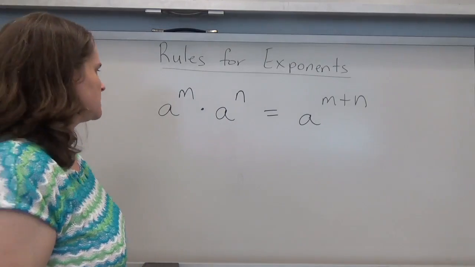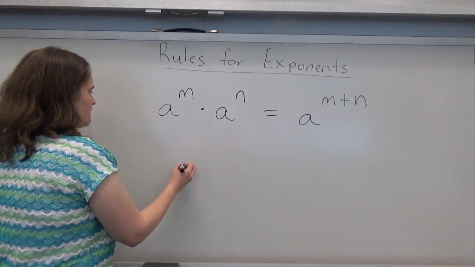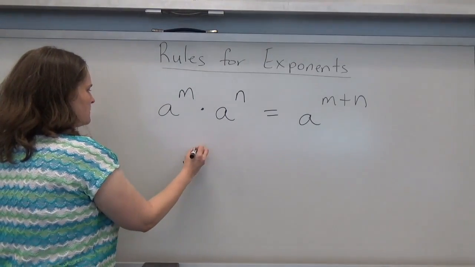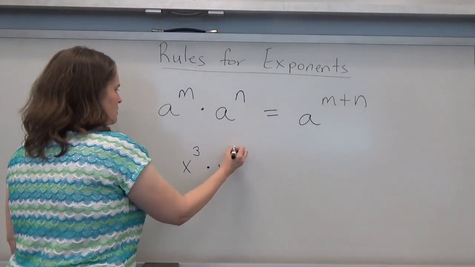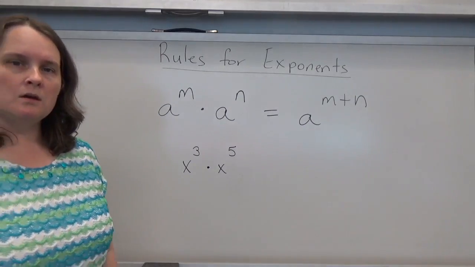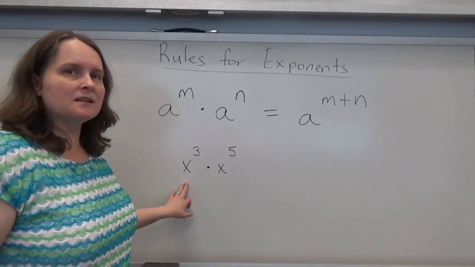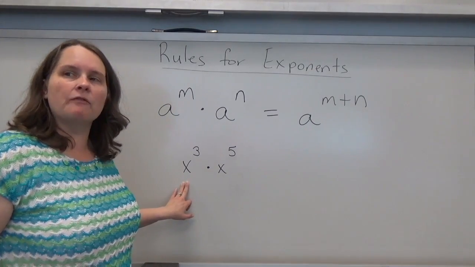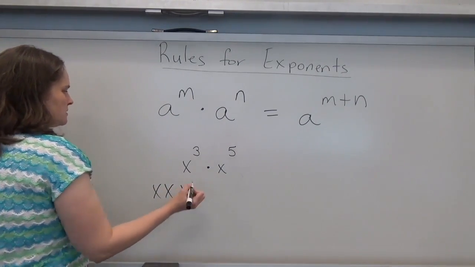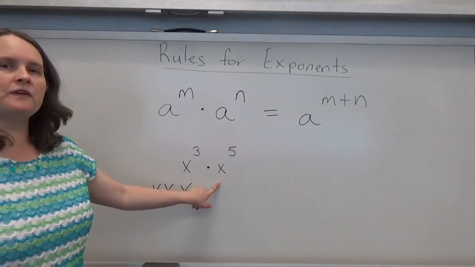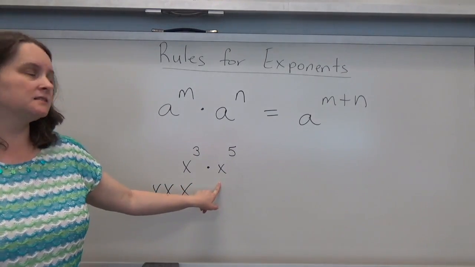What if I've got something like, let's say I've got x to the third power, and I want to multiply that by x to the fifth power. Okay? So x to the third means that I'm multiplying x by itself 3 times. So I can say that this is x times x times x. X to the fifth means that I'm multiplying x by itself 5 times.